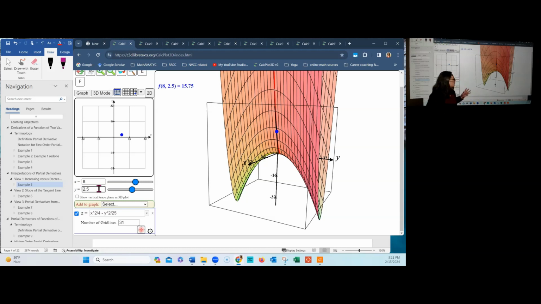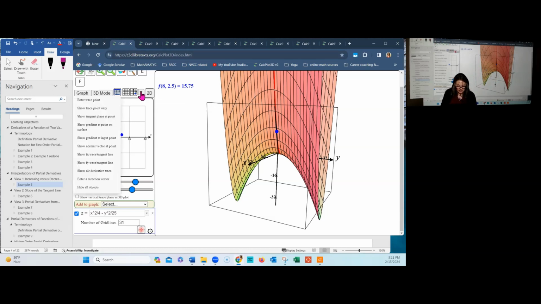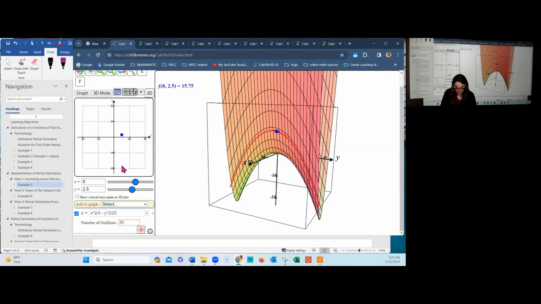However, it's still graphing the partial with respect to X. Notice how it would, if you project it into the plane, be parallel to the X-axis. Let's click up here on the drop-down menu next to the 2D menu board and select Show F sub Y Trace Tangent Line. Now you can see it right here.